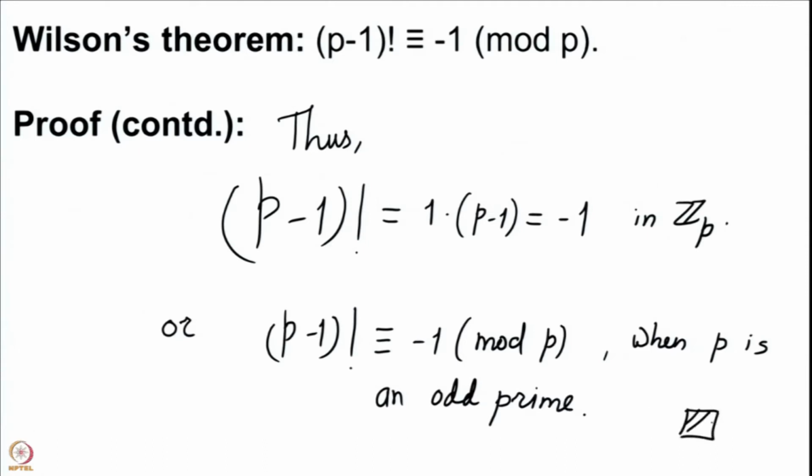So, the proof is quite simple, but remember that the intricate analysis that we have done for the number of solutions of x square equal to 1 modulo n is one of the major steps behind the simplicity of this proof.